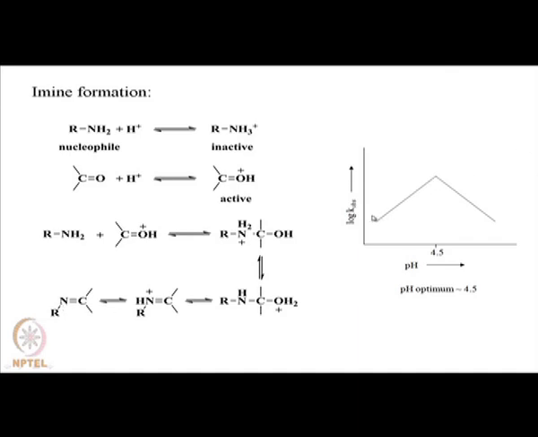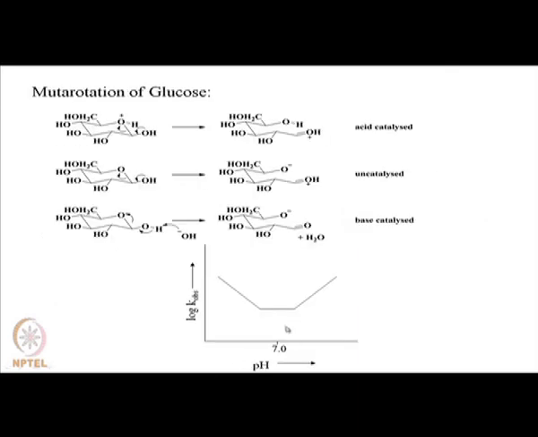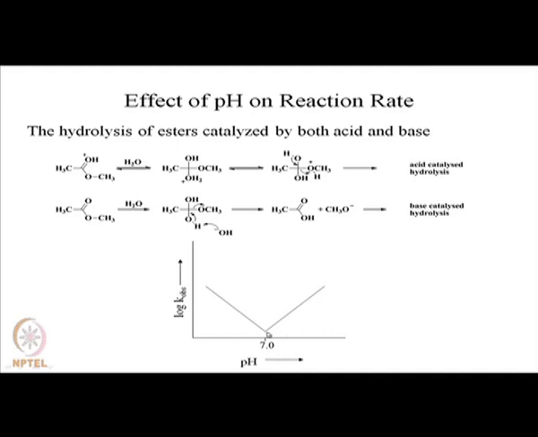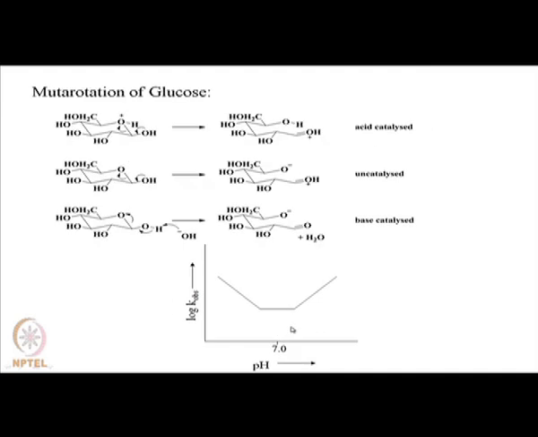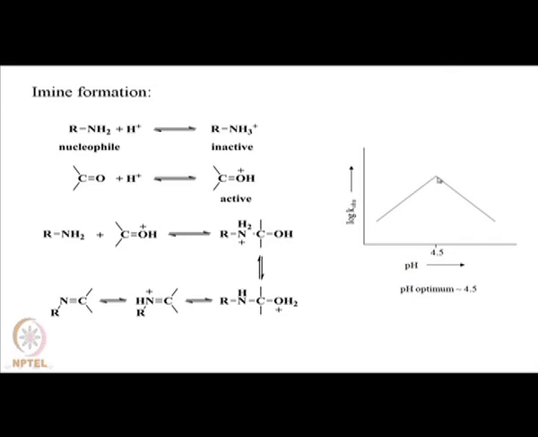The rate has been found to have a maximum value in the vicinity of 4.5 to 5. Unlike the previous one, where you get a plateau around 7, and in this case, where you get a minimum around 7, here the maximum is at a value different from 7, that is 4.5 to 5.